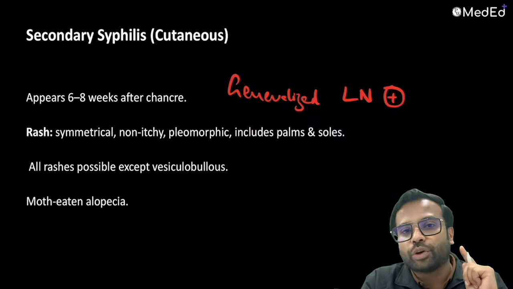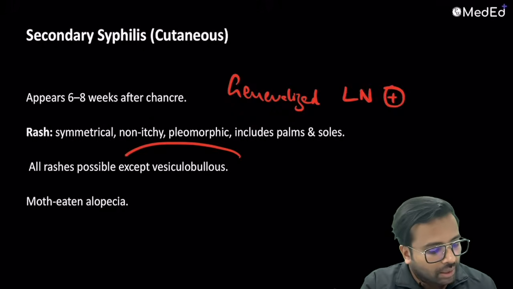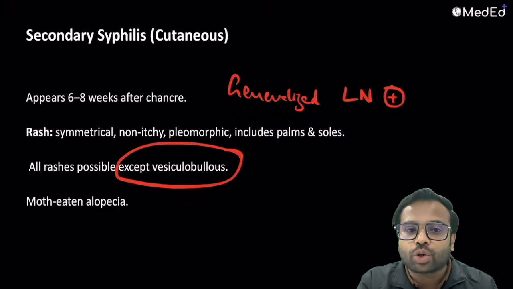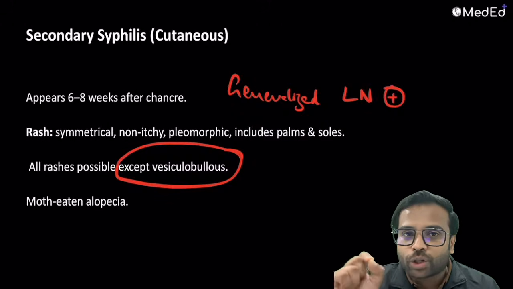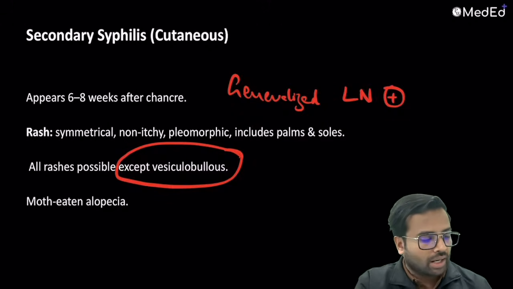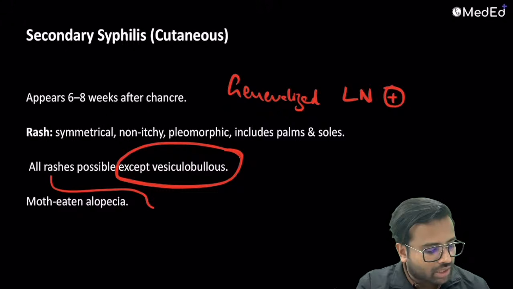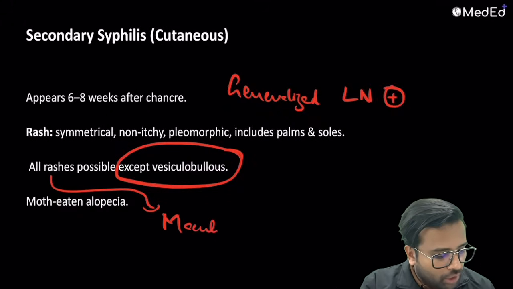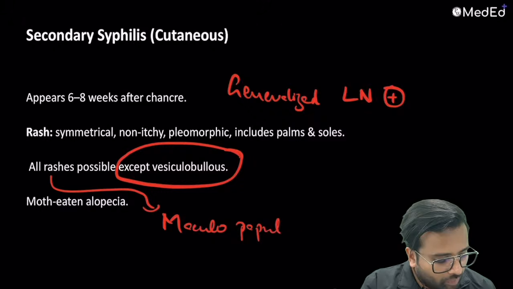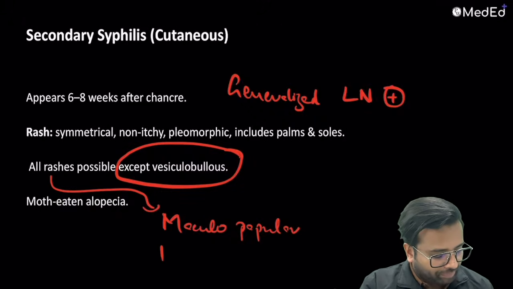But please remember for your MCQs, the patient will not show vesiculobullous lesions. The patient will not show vesiculobullous lesions. Like all the rashes mentioned here, these rashes can be maculopapular or it can be papulosquamous.